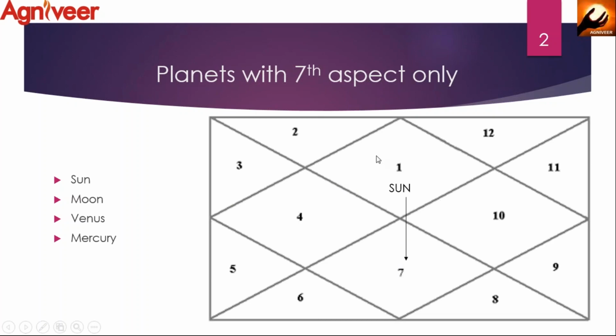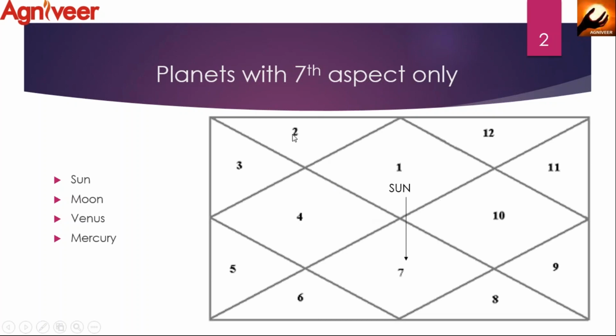So if I count 1 from here, 1, 2, 3, 4, 5, 6, 7. So this is called the 7th aspect. So if Sun is placed in the first house, then it will be aspecting your 7th house. So the effect or the influence of Sun will also be felt on your 7th house. That is the concept of aspect. So this is how it actually works.